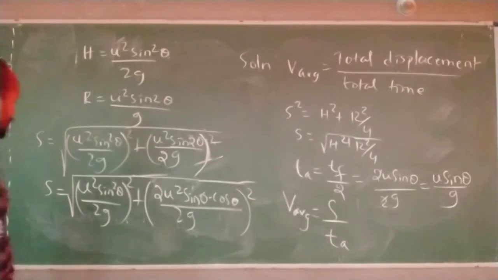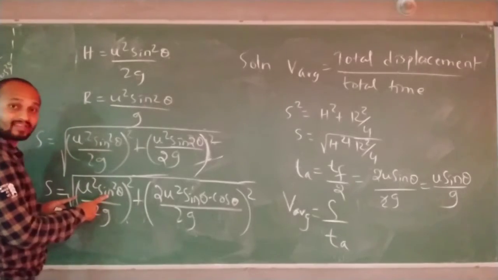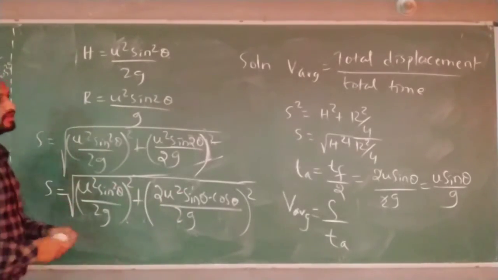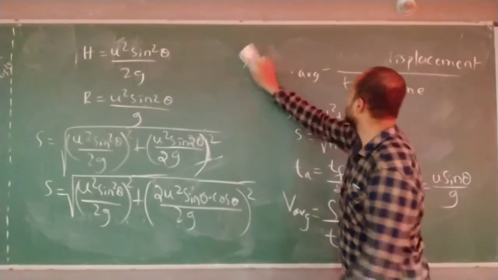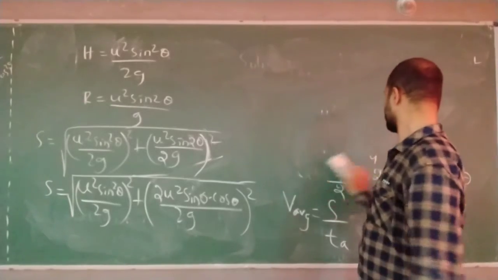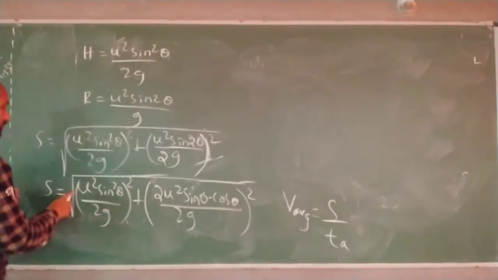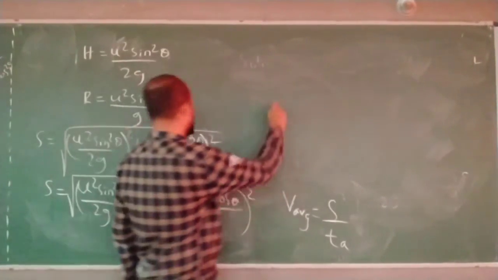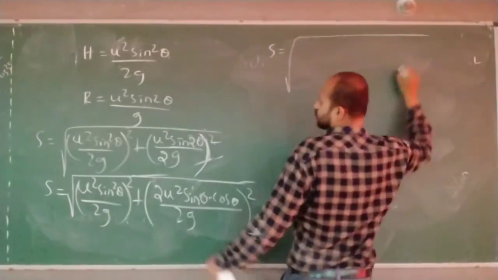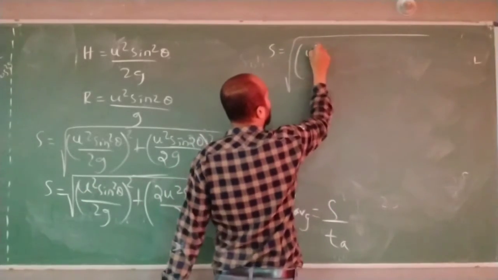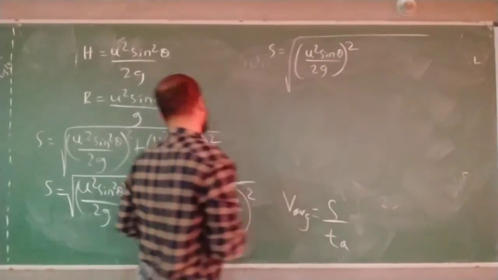See here, u square sin theta divided by 2g, I will take common. If I take this common, S is equal to root of (u square sin theta divided by 2g) whole square, both sides I am taking common.